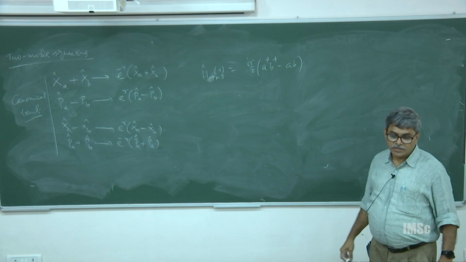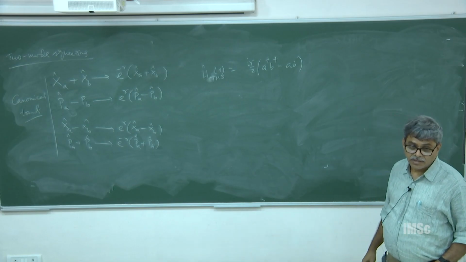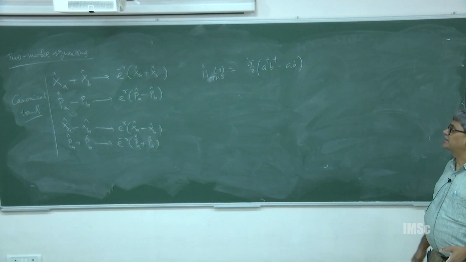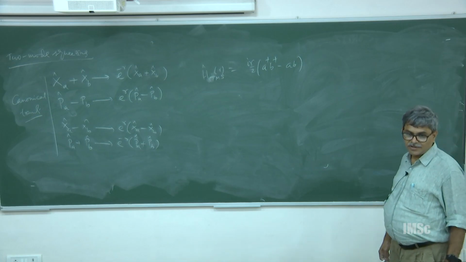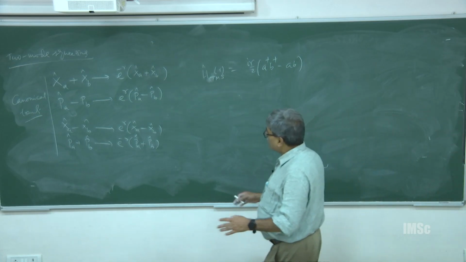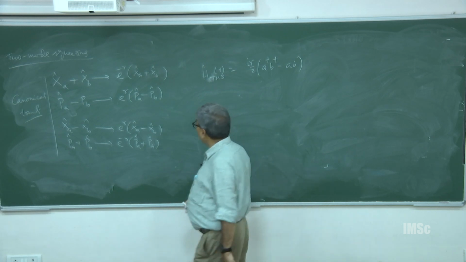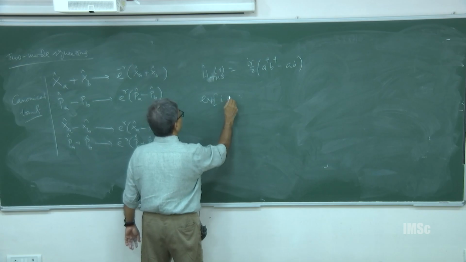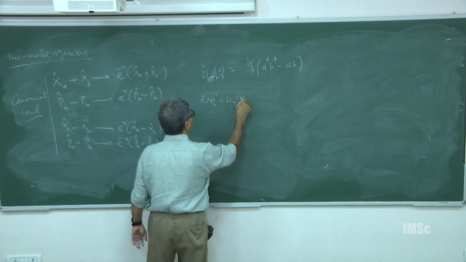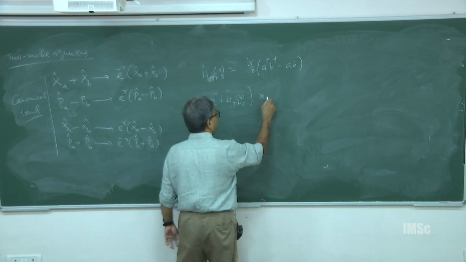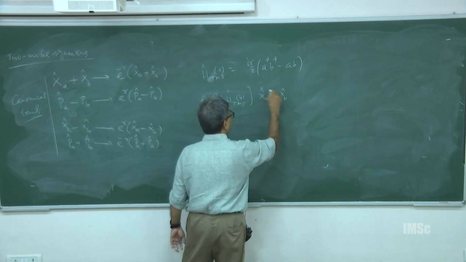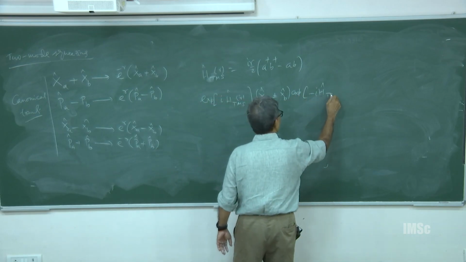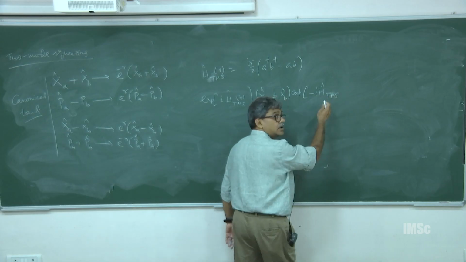It is still quadratic. Squeezing is a Gaussianity preserving transformation, so it has to be quadratic: a squared, a dagger squared and so on. Now, what you should look at is exponential of iota H_TMS(r), then xa plus minus xb, then exponential of minus iota H_TMS(r).